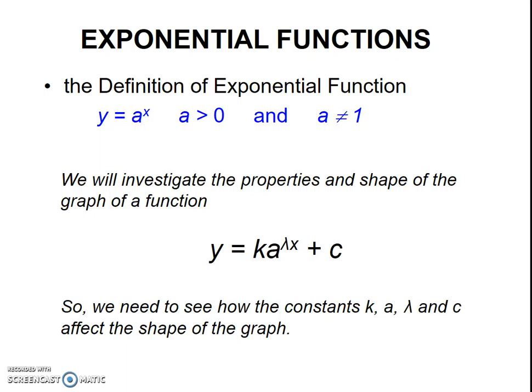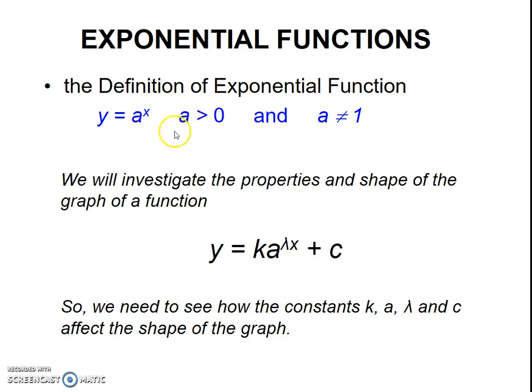Okay, so we're going to define an exponential function as y equals a to the power x for now. a has to be a positive number. If it's negative, it'll keep switching, and you'll get undefined answers all the time.